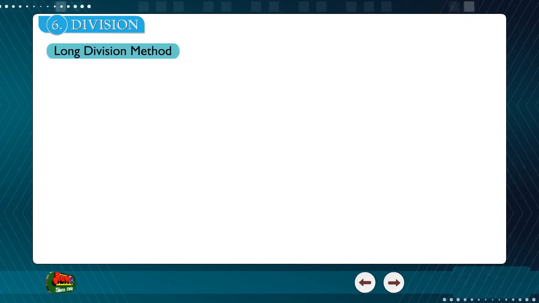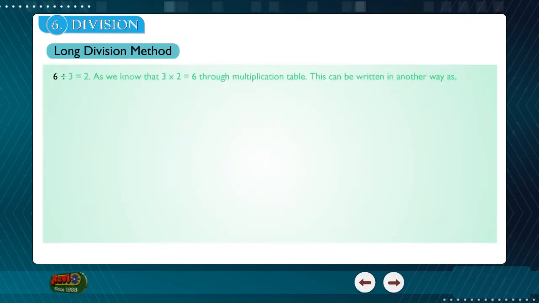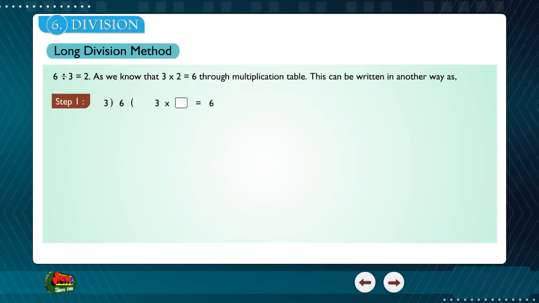Long division method. 6 divided by 3 is equal to 2. As we know that 3 into 2 is equal to 6 through multiplication table. This can be written in another way as Step 1. 6 divided by 3.